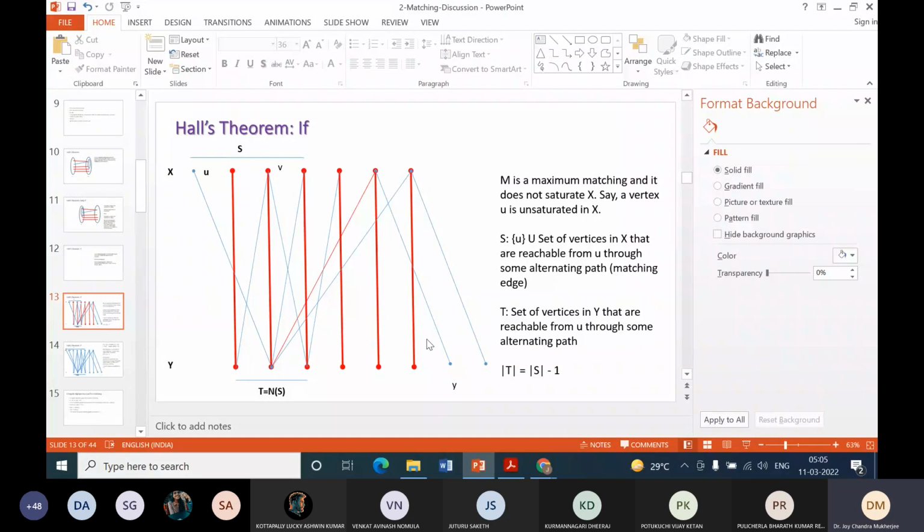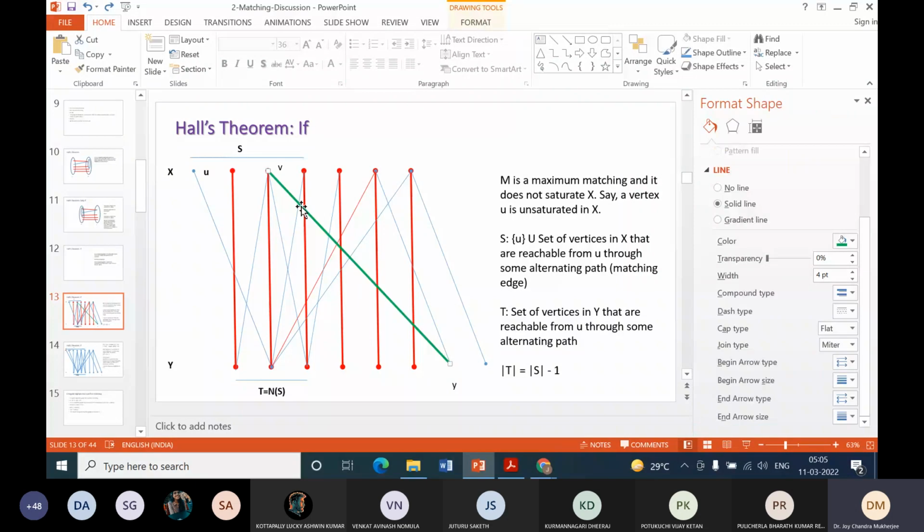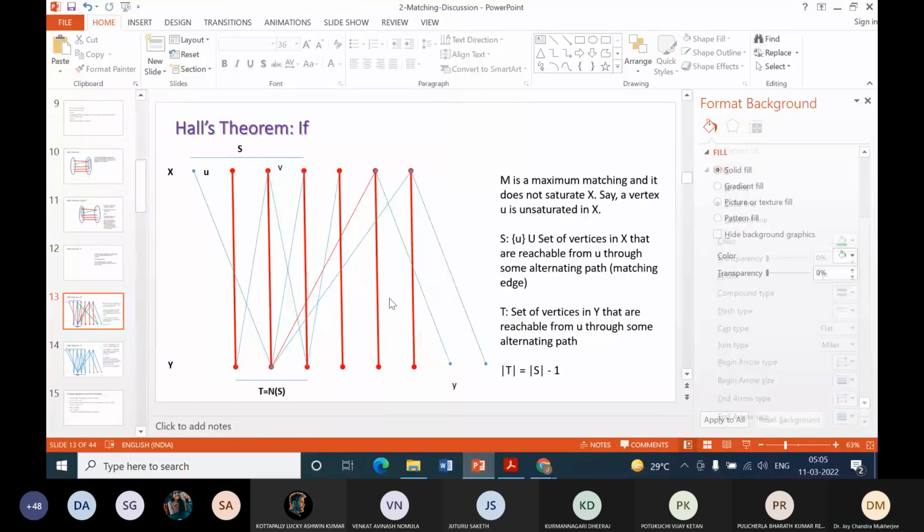Not only that, if such an edge exists, it says that it is not a maximum matching. Why? Because this is an unmatched edge, this is a matched edge, this is an unmatched edge, so this is an augmenting path. So I cannot say it is a maximum matching, but our assumption is that it is a maximum matching. So that is another way we can say that VY cannot exist.